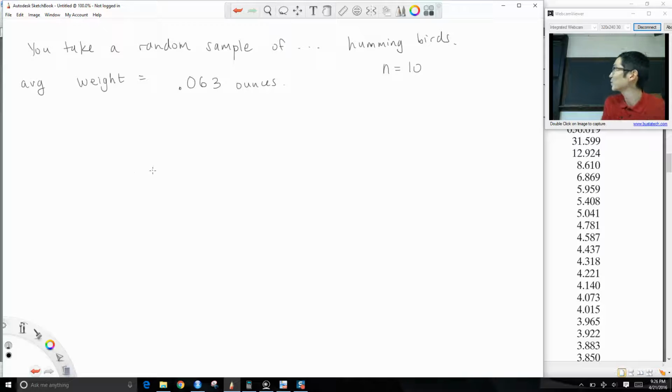So the average weight is 0.063 ounces. Let's say the standard deviation is 0.008 ounces.